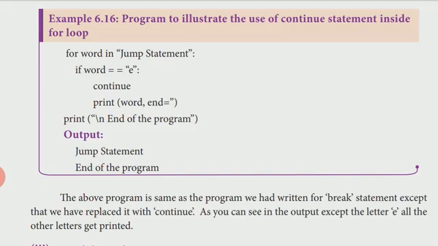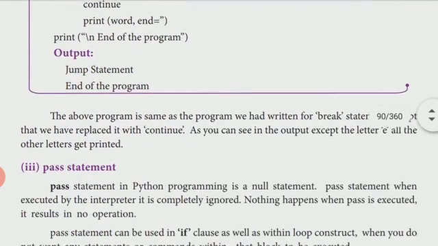That is, that word we want to print. Again, here they gave end of the program, that is also one statement, outside the for loop, so that statement will also be printed here. So continue won't do anything in your program, it just continues the process.